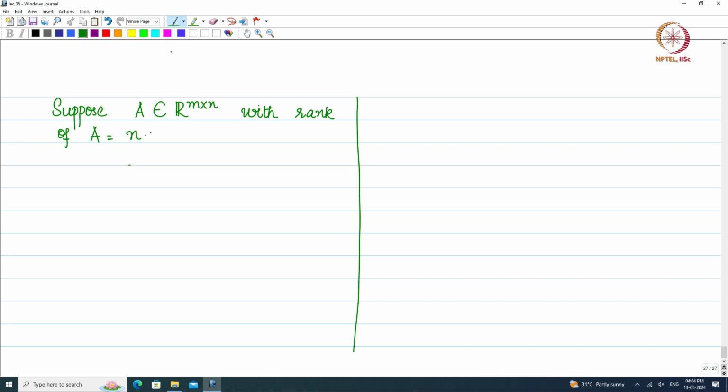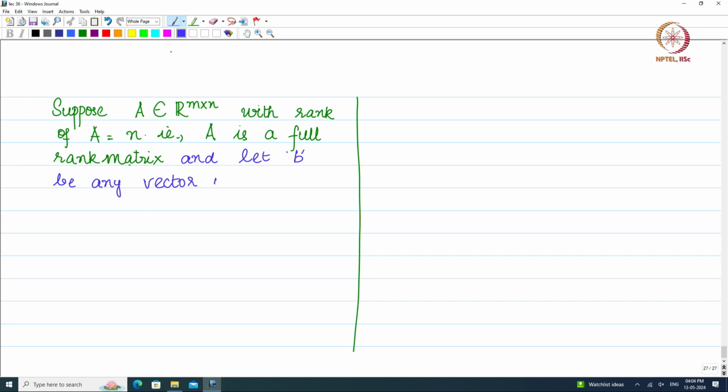That means A is a full rank matrix, and let B be any vector in R^m.